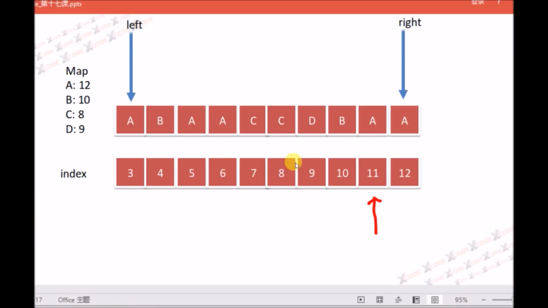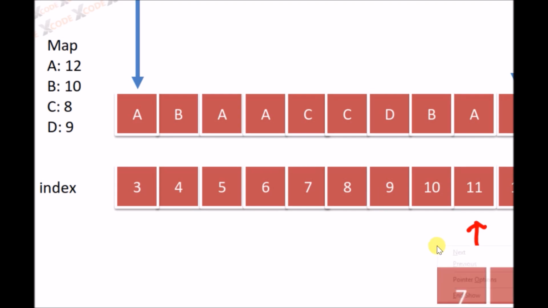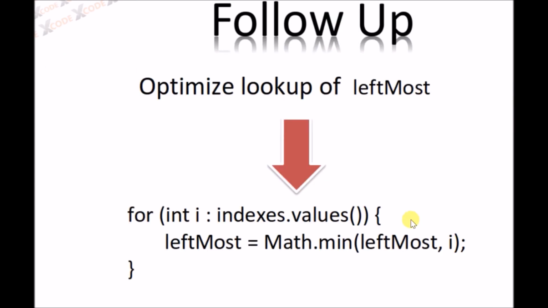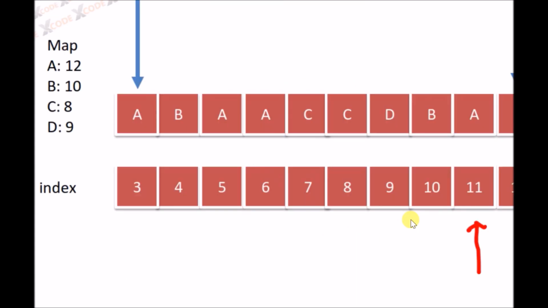We need to look at this picture. Let me remove it. So we want to find in this map, we want to look at C, because C is here.